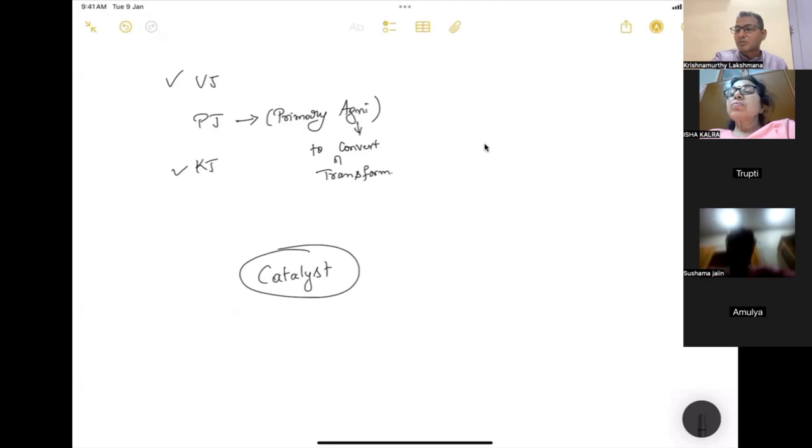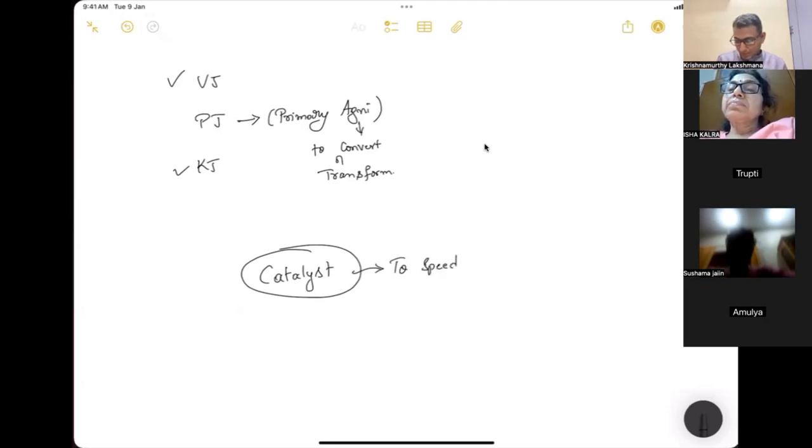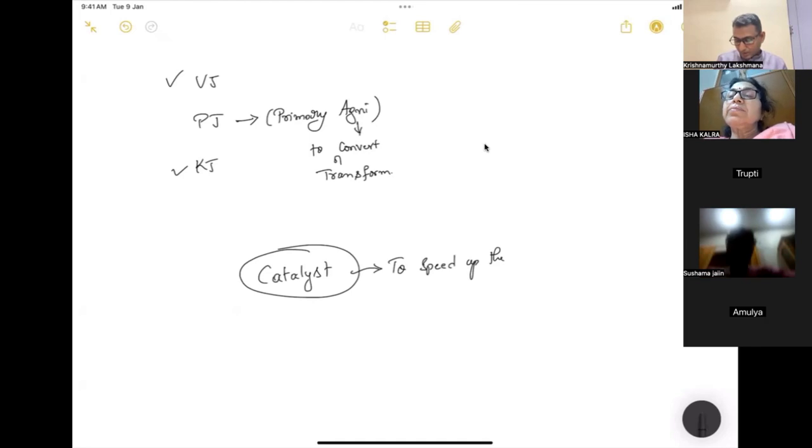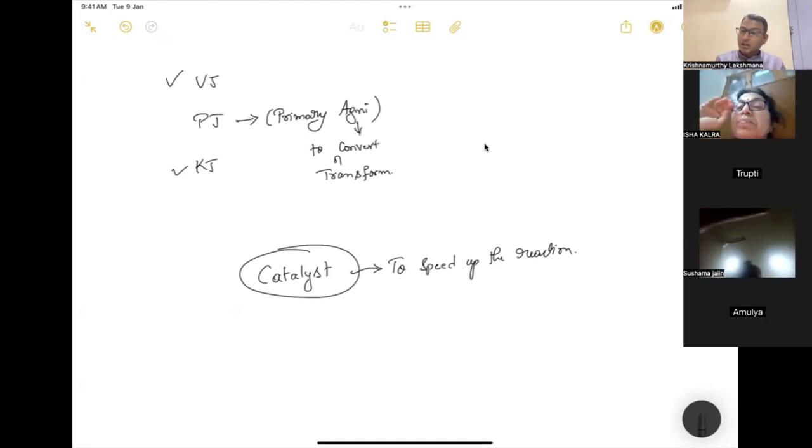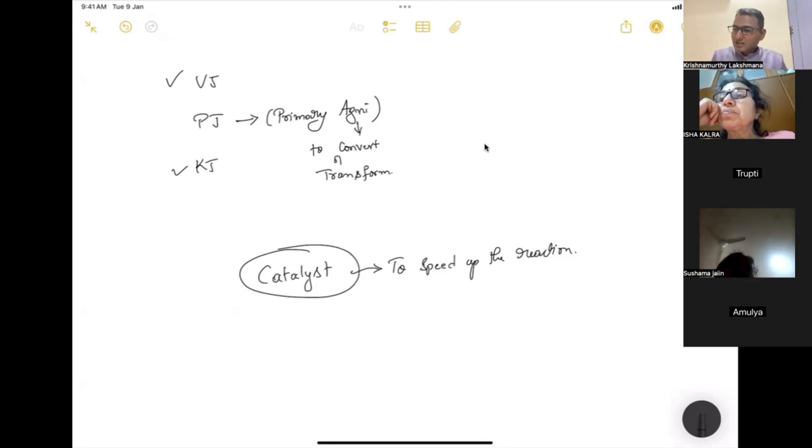To speed up the reaction, but not take part. Right? So there is some reaction happening. You put that catalyst, it will make it very fast. So the conversion becomes faster with the catalyst.